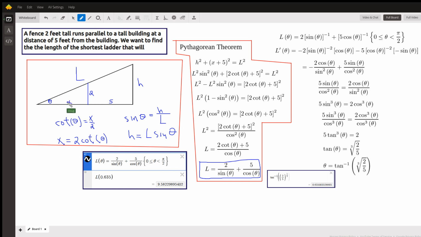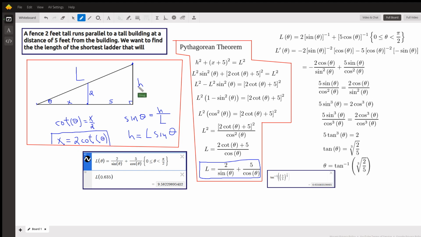If you label the unknown parts, this distance from the base of the ladder to the base of the fence is X. The place where the ladder hits the building, this distance is H. If we come up with expressions for X and H in terms of theta and maybe even L, the length of the ladder, the cotangent of theta is X over 2. So X is 2 cotangent theta. That comes into play later.